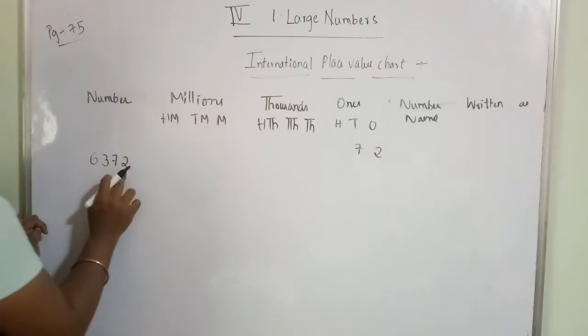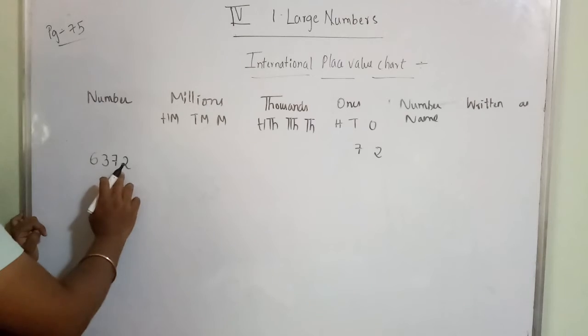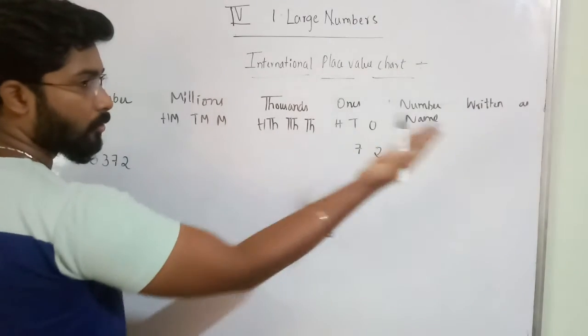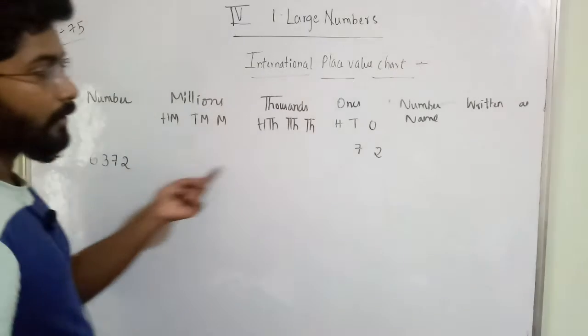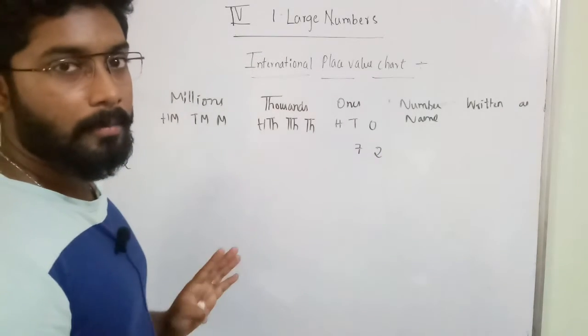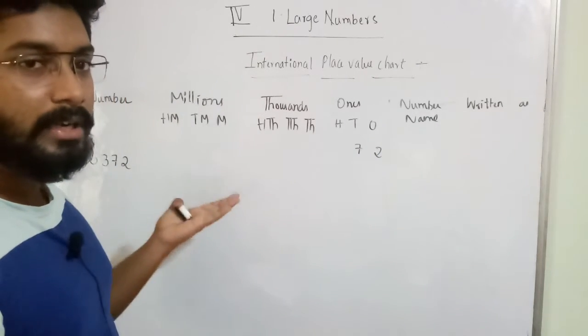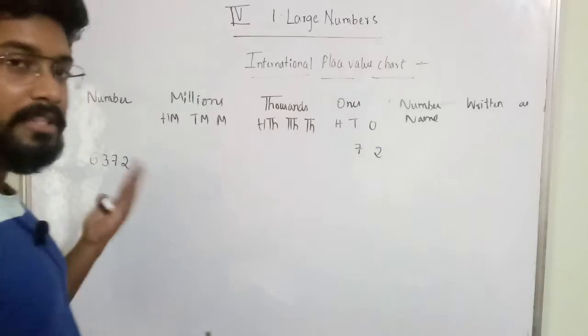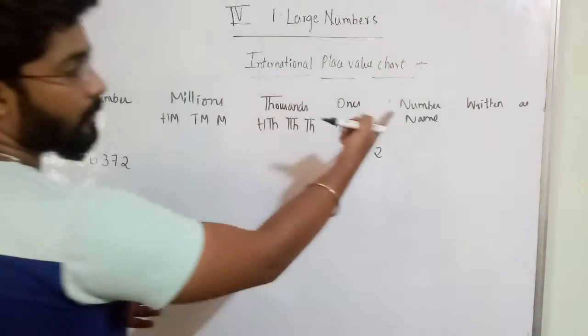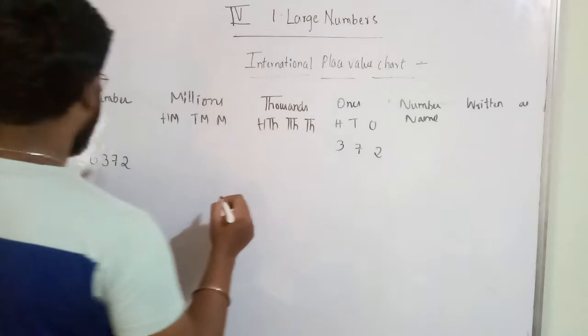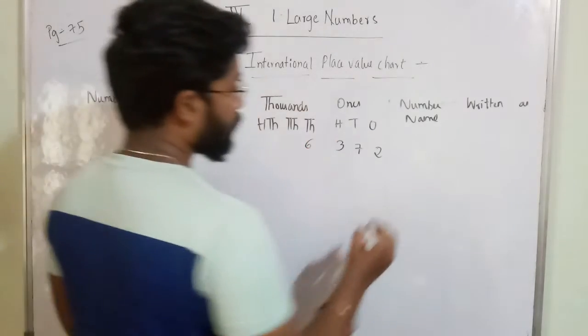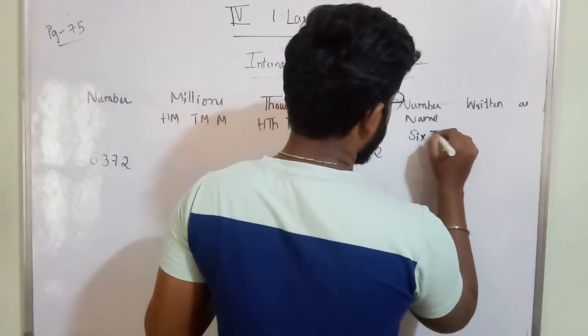Always you have to start writing from last number, from right to left. Why? If you do like this only you will get the number name. Okay, you can know under which period which digit is there, under which place value which digit is there, so that you can write the number name. Next is 3. Okay, next is 6. 6,370.